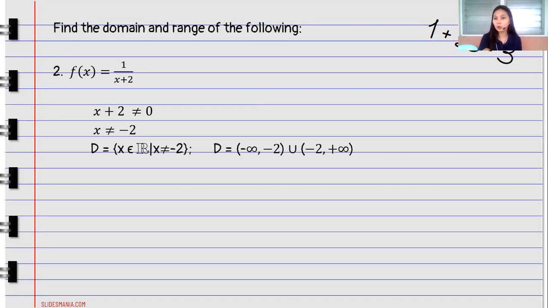And, syempre, not equal po yung ilalagay ninyo. Kasi nga, ayun yung dapat nating iwasan. All real numbers, either negative or positive, can be substituted to our given function, except for negative 2 po. Okay, so if we're going to write it in terms of interval notation, negative infinity up to negative 2, union of negative 2 up to the positive infinity. Ayan, nagkakaroon na tayo ng union for this time. Okay, naintindihan po kung paano nakuha si domain?